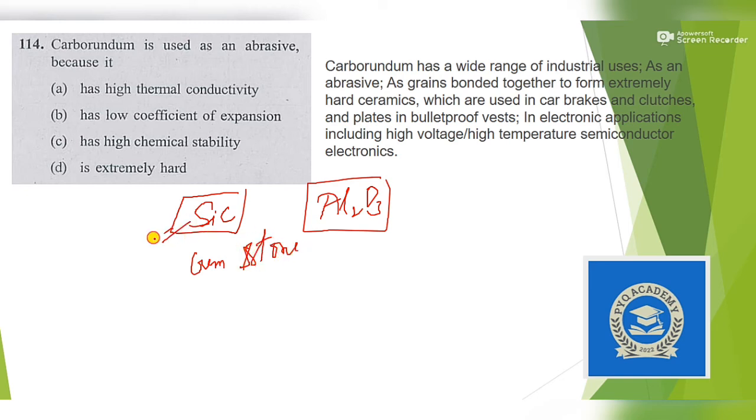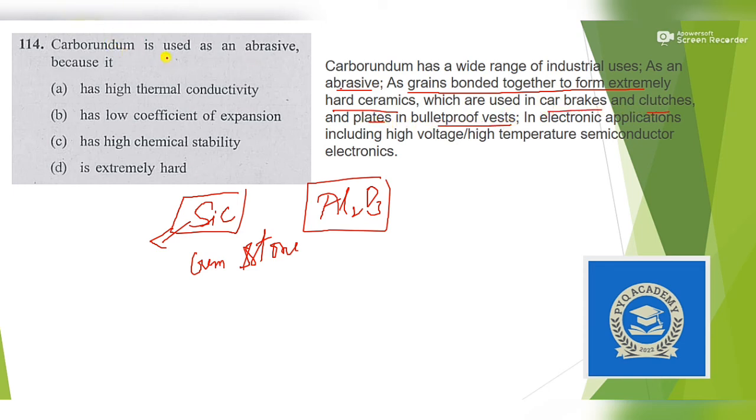Also, silicon carbide is used in electronic industry as a semiconductor and other uses. Carborundum has a wide range of industrial uses as an abrasive, as grains bond together for extremely hard ceramics, which are used in car brakes, clutches, plates, bulletproof vests.